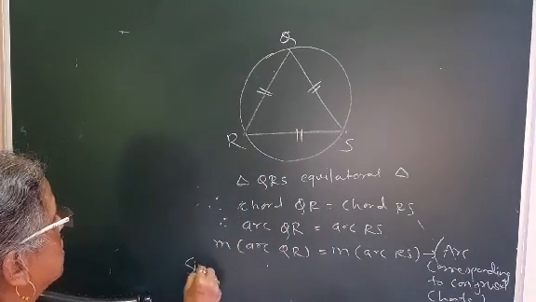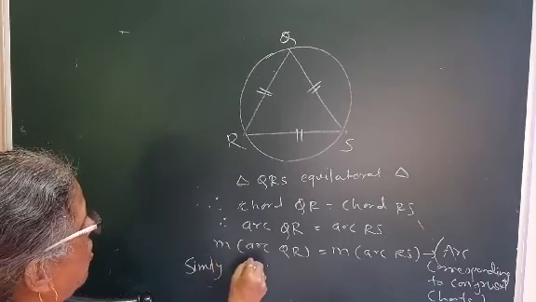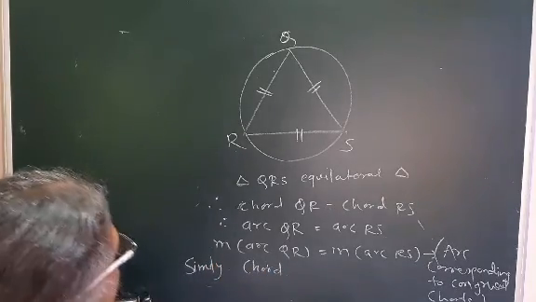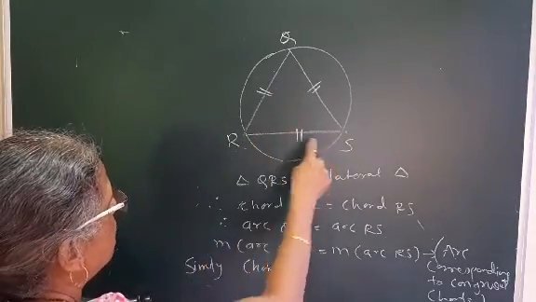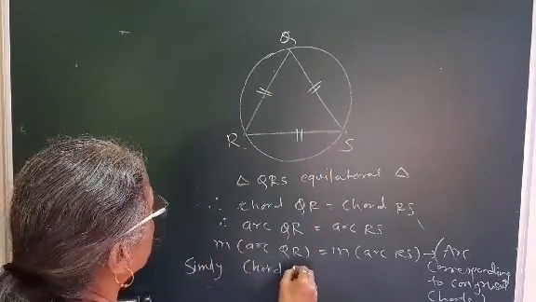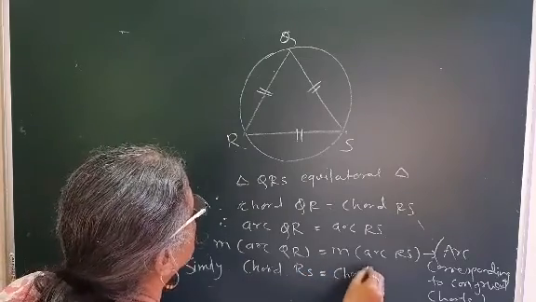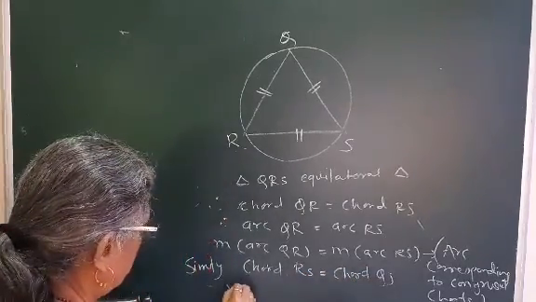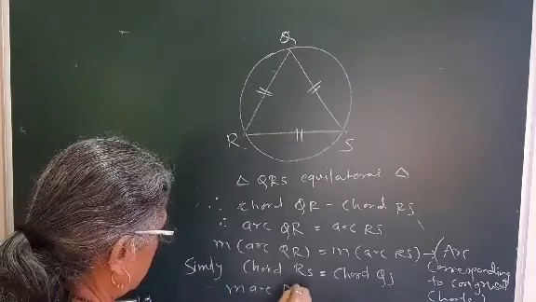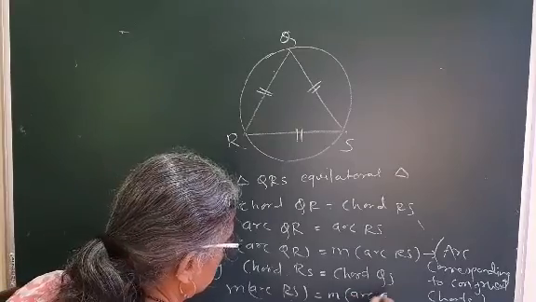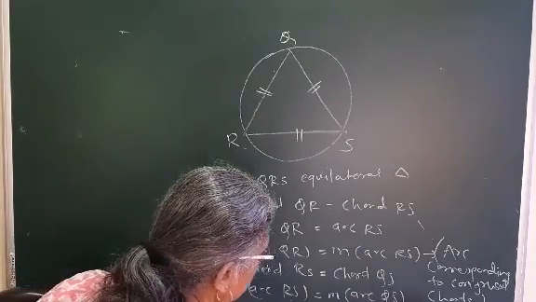Similarly, now we have taken QR and RS. Now we will take RS and QS. Chord RS equal to chord QS. Therefore, major arc RS equal to major arc QS. Same reason.